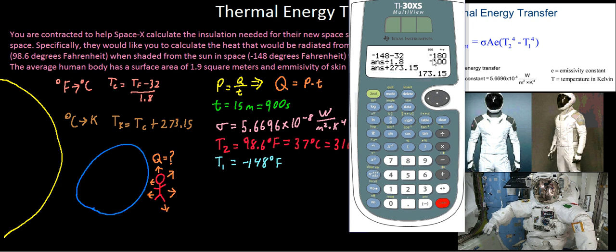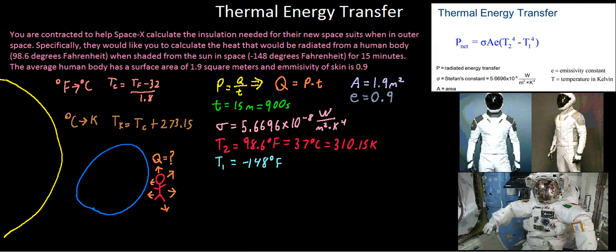And we get 173.15 Kelvin. And so real quick, we just write that out. We say this is the same thing as saying negative 100 degrees Celsius, and that's the same thing as saying 173.15 Kelvin. And so that's actually the hardest part in my mind, is just converting the temperatures to Kelvin.